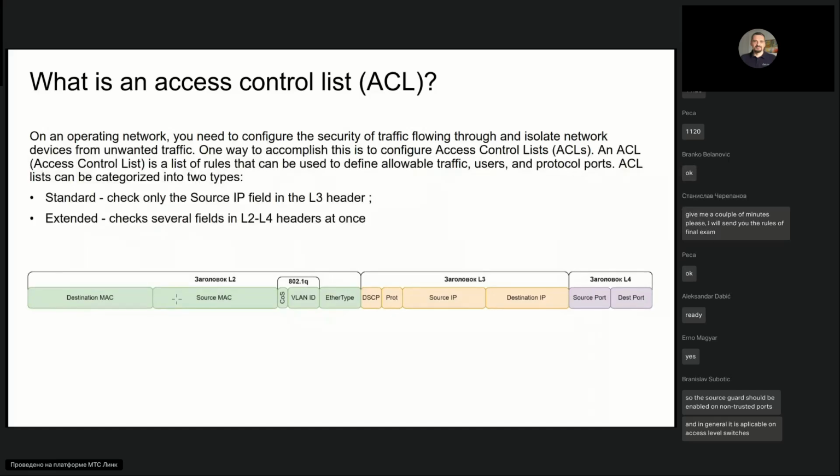Yes, the standard access lists work only on layer 3, and the extended access lists work on layer 3 and layer 4, and also on layer 2. This is very important.